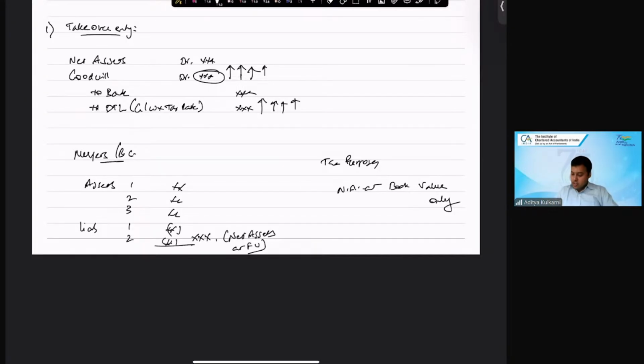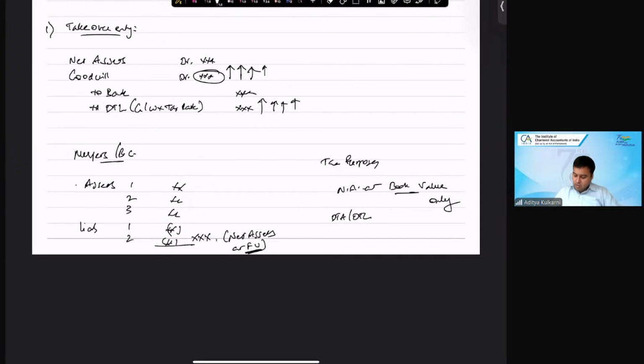All right. So, this is at fair value. This is at book value. Will it create a difference? Yeah, definitely, sir. Definitely it is creating a difference. This difference could either give rise to a DTA or a DTL. Do you agree to this? Yes, sir.